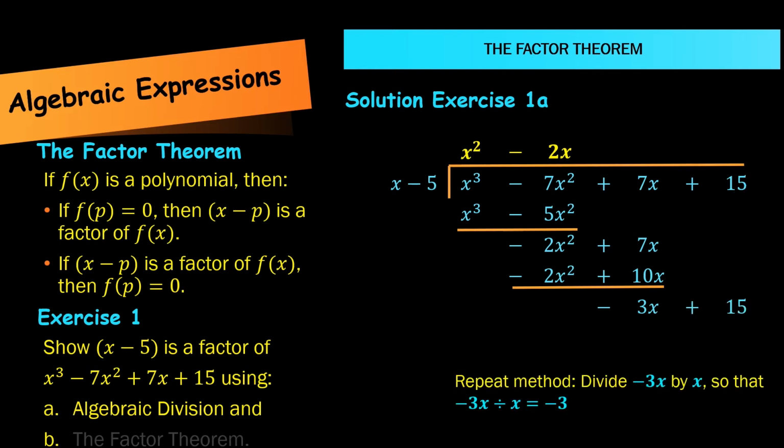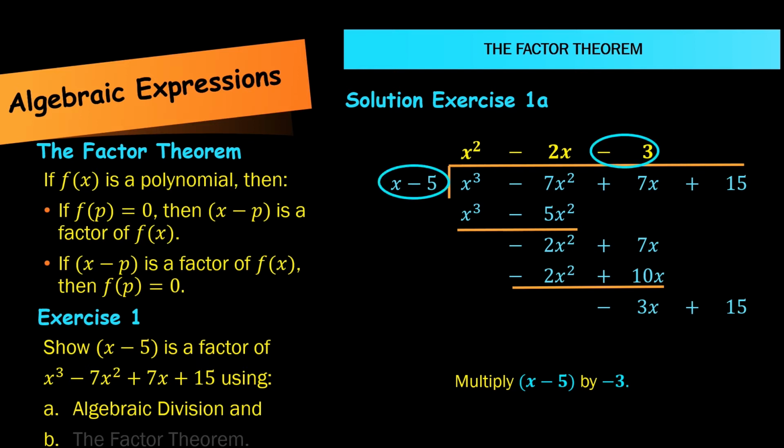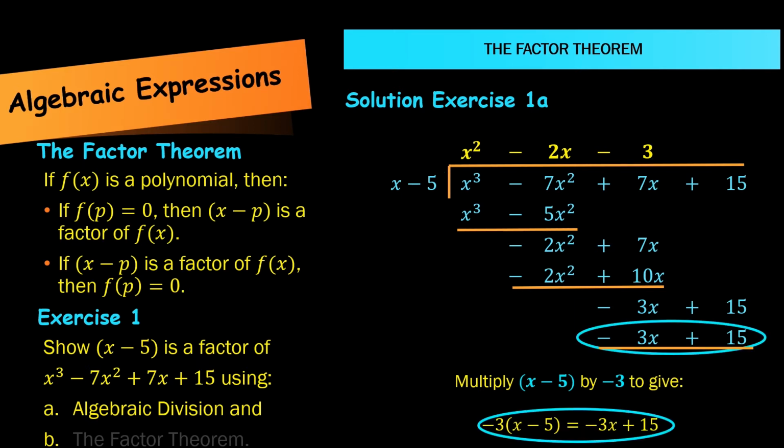Now repeat the method. Divide minus 3x by x to give minus 3 and position it as shown. And then multiply x minus 5 by minus 3 to give minus 3x plus 15.